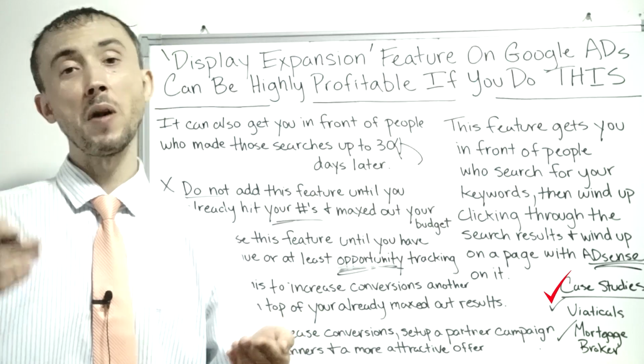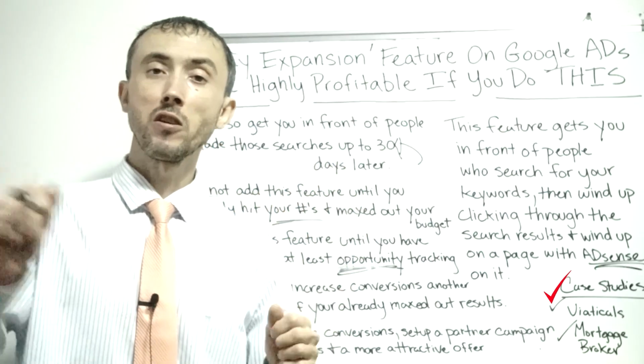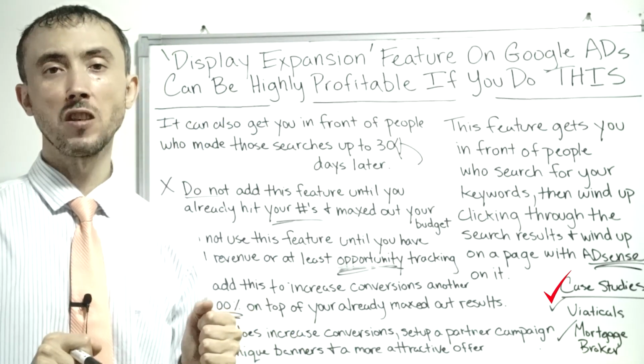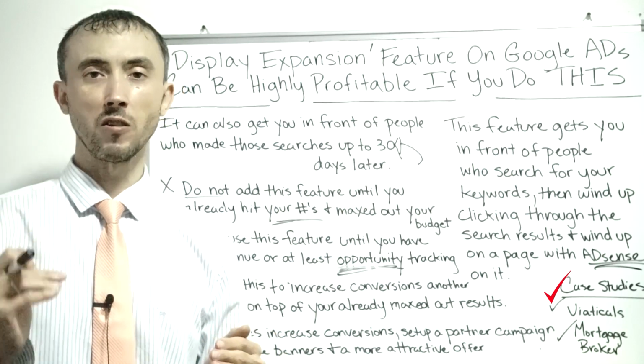And when you're talking about banner ads and running ads on the display network, the higher the click-through rate, the higher the return is going to be, because the higher the click-through rate, the lower the cost per click. Everything you're trying to do is get a higher click-through rate.